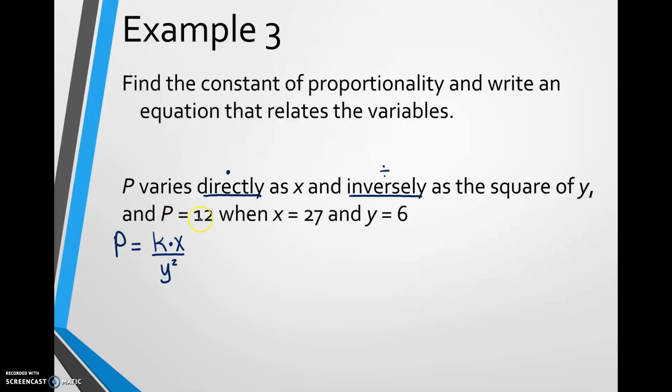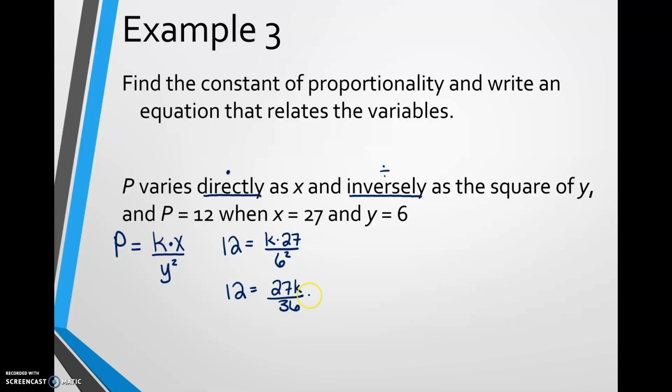Then it gives you all of the information so that the only unknown is k. So P is 12. We don't know k. X is 27. Y is 6. So that'd be 12 equals 27k over 36. What do you think we should do? We can do this all in one step, or we can do this step by step.